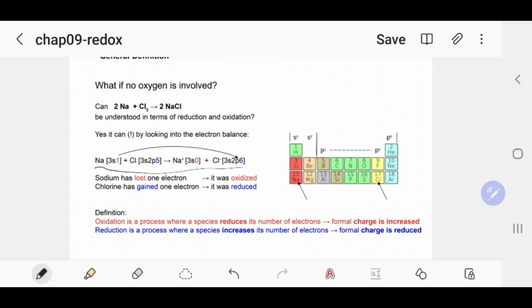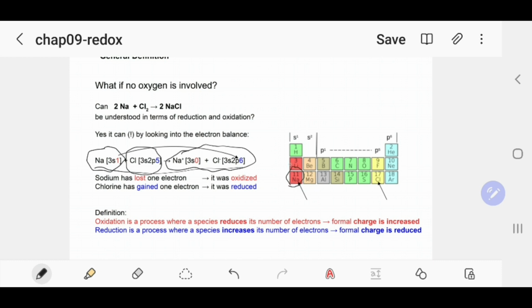The sodium and the chlorine react together and form sodium chloride, which is an ion. When it's just sodium by itself and chlorine by itself, we have in the original state this electronic configuration.